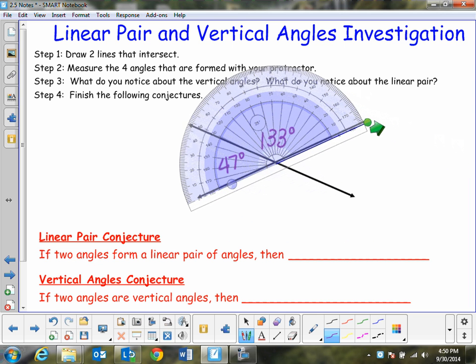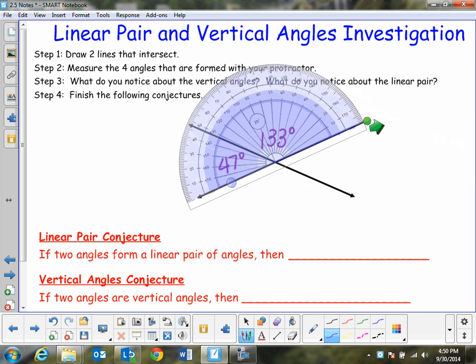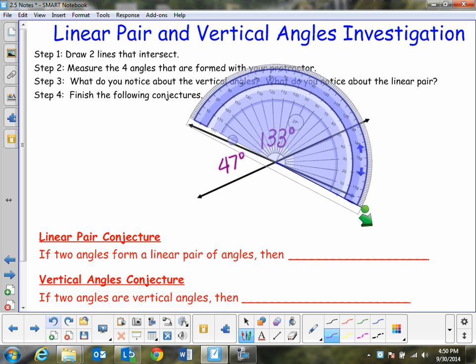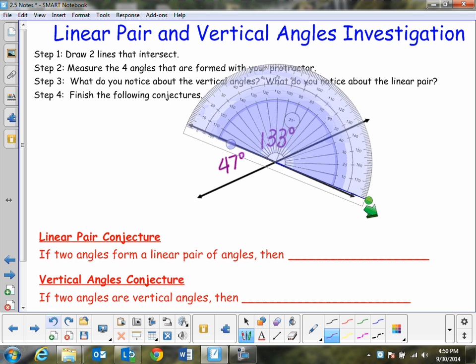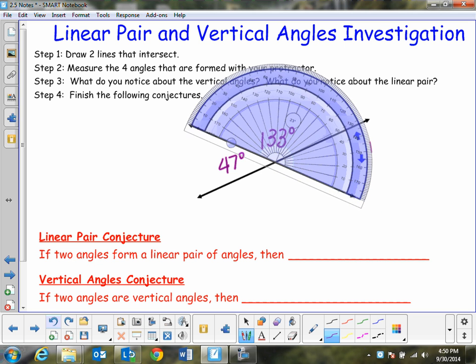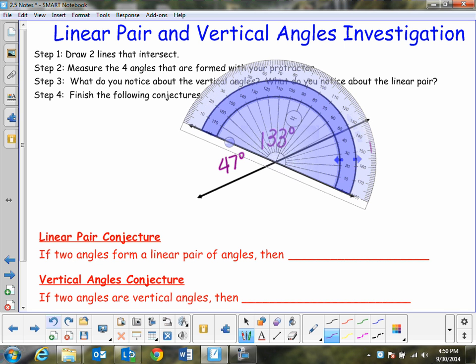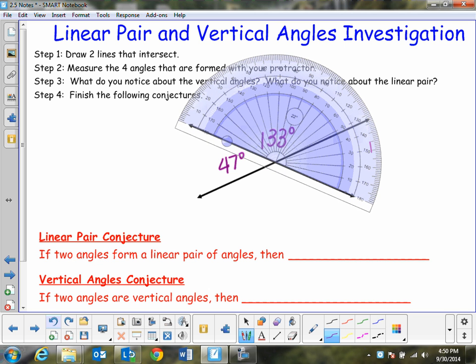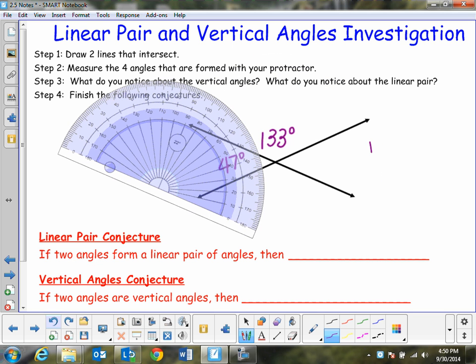Now I want to measure the other remaining angles. So let's measure this one here. Make sure that the protractor is lined up perfectly on the 0. And this one is 147.